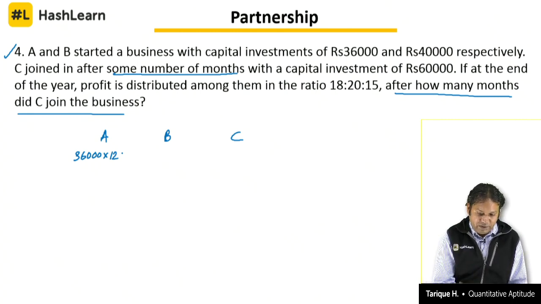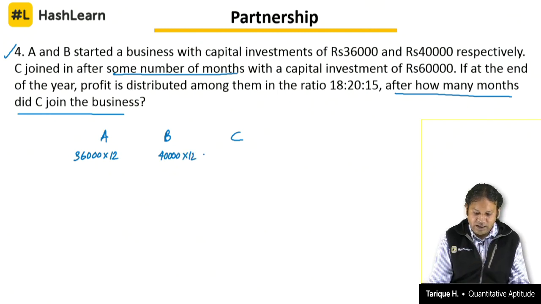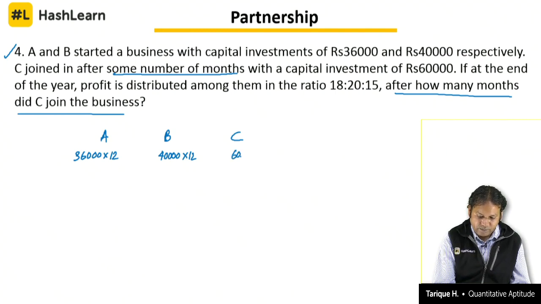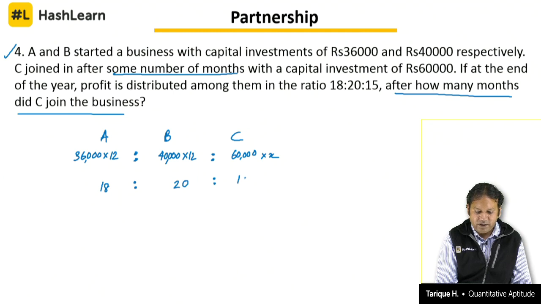Now B's investment we calculate as 40,000 into 12 months, and C's investment is 60,000, but only for some number of months that we don't know, x, and the ratio is given to us as 18 is to 20 is to 15.